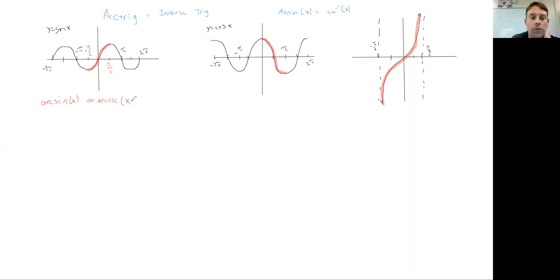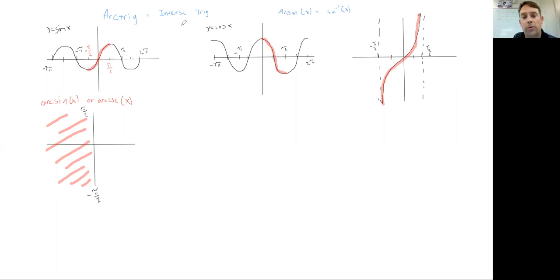When we came to these values, we didn't do every single value on our graph. We went to and we stuck from negative pi over 2 to pi over 2. Anything that didn't fall in that region, we called that the no-go zone, the no-fly zone. We don't go there. So we don't want anything. We only want everything that goes from negative pi over 2 to pi over 2 because that's what passed both the vertical and horizontal line tests of the original function.